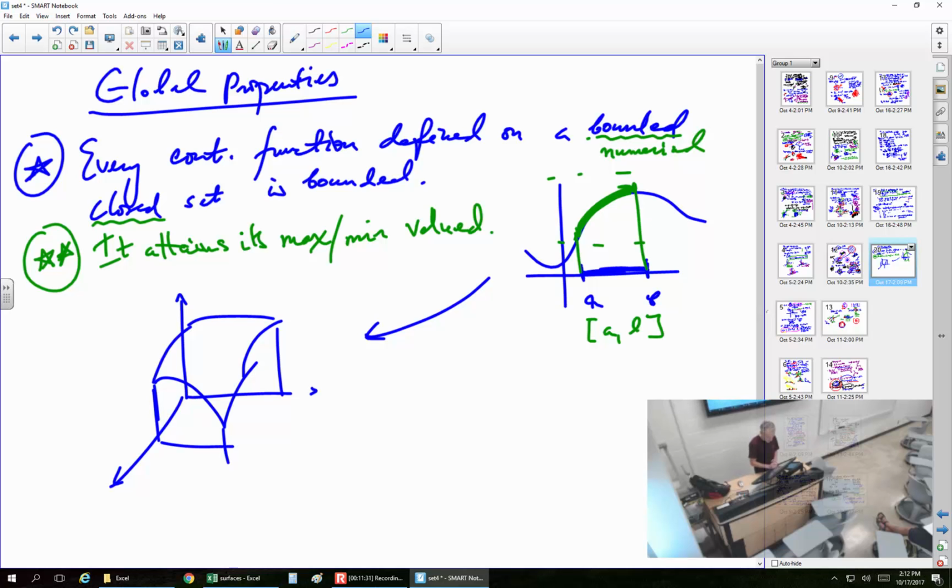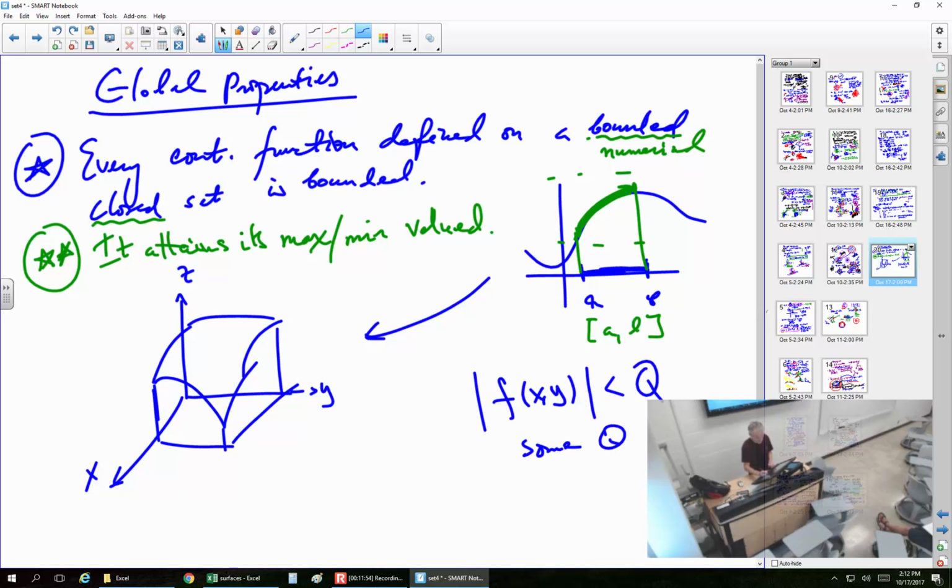is understood in the exact same way as before. By which I mean that the values are limited from below and from above. So values of the outputs. In other words, f of (x, y), if it's a function of two variables, is less than or equal to some real number q.